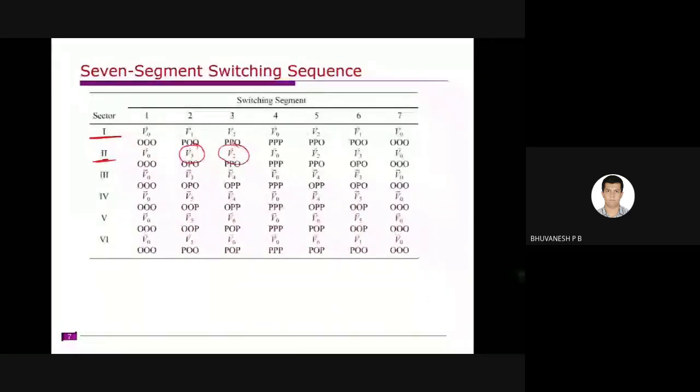Similarly, in sector 3 it depends on V3, V4. Similarly V4, V5, then V5, V6, and V6, V1 in case of sector 6. So this is the complete switching. When it is in sector 1, we follow the first one, and when it is in sector 2, we follow the other one.